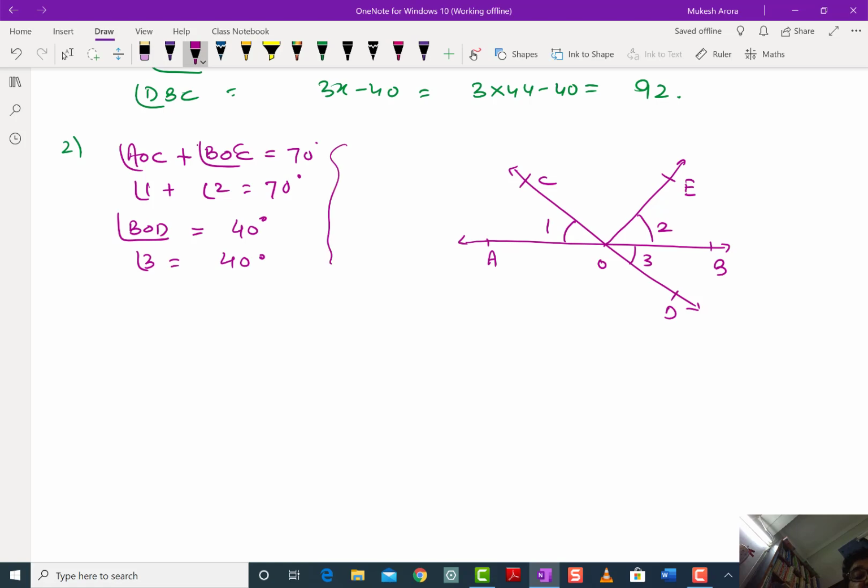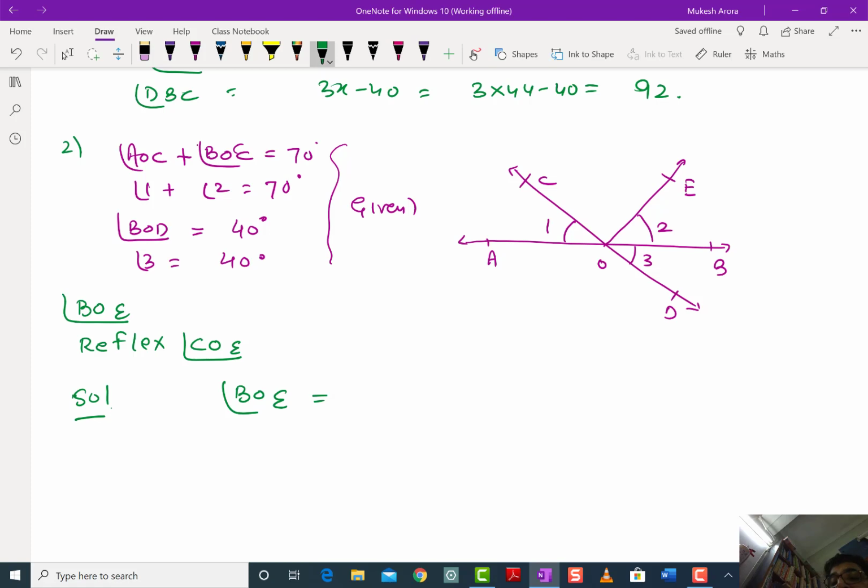This is all given. What we have to find? We have to find BOE and reflex angle COE. Solution: angle BOE.